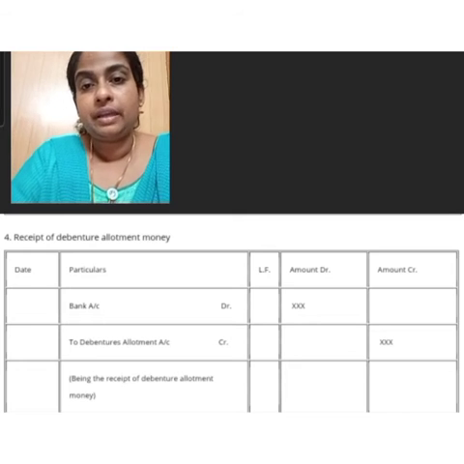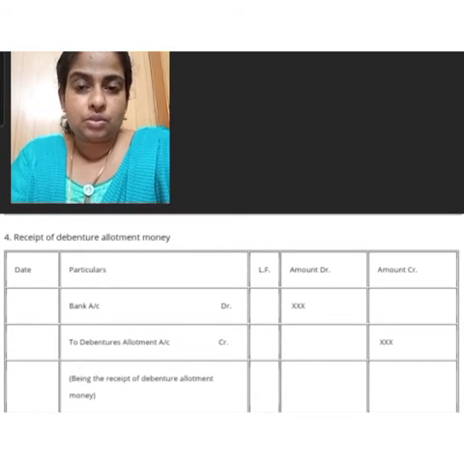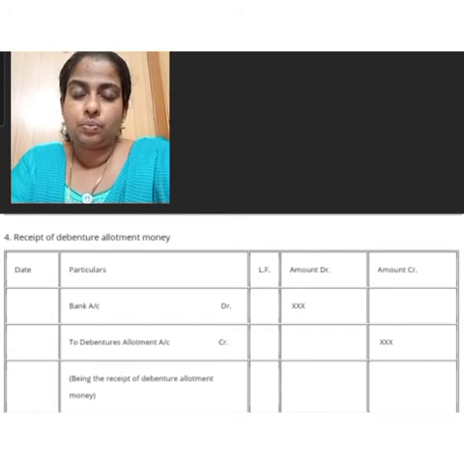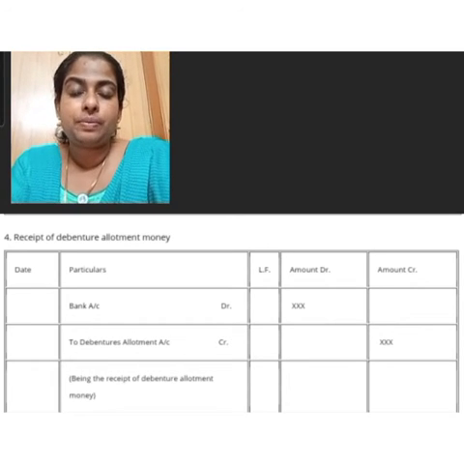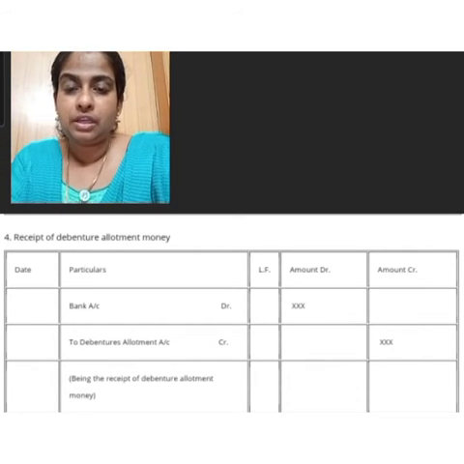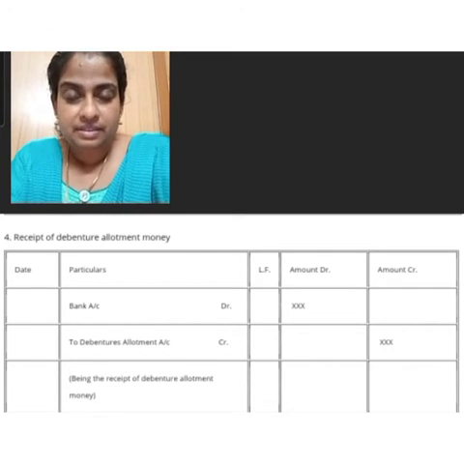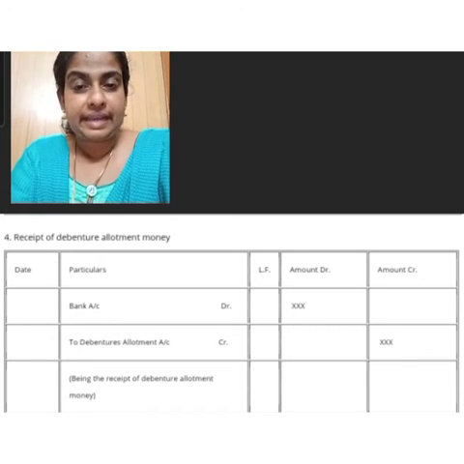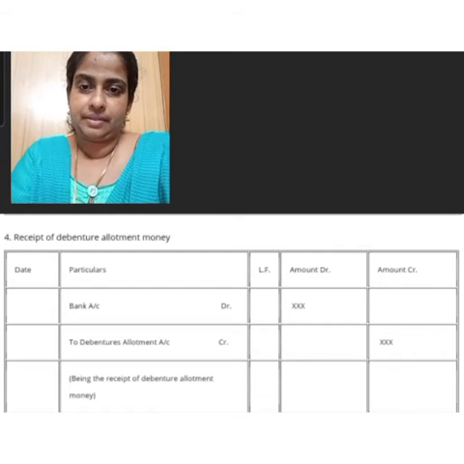That application money should be adjusted with allotment money, that is 2,000 debentures into 20 each, that is 40,000 rupees adjusted with allotment. The actual amount to be received is 10,000 debentures into 30, that is 3 lakh rupees, less the adjusted excess application money. At the time of receiving allotment money, we have to deduct that excess application money from the total amount to be received.